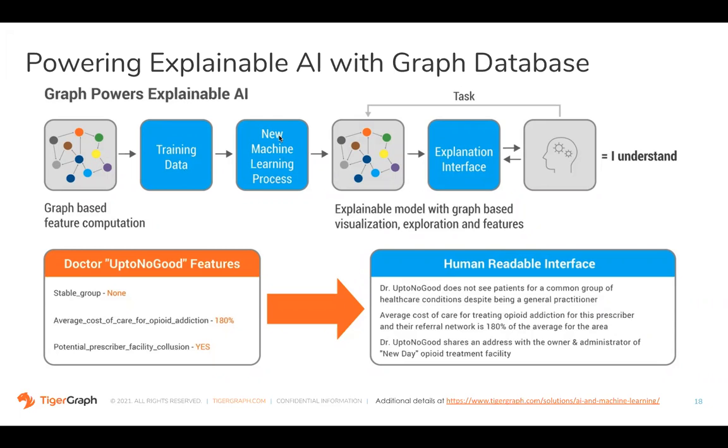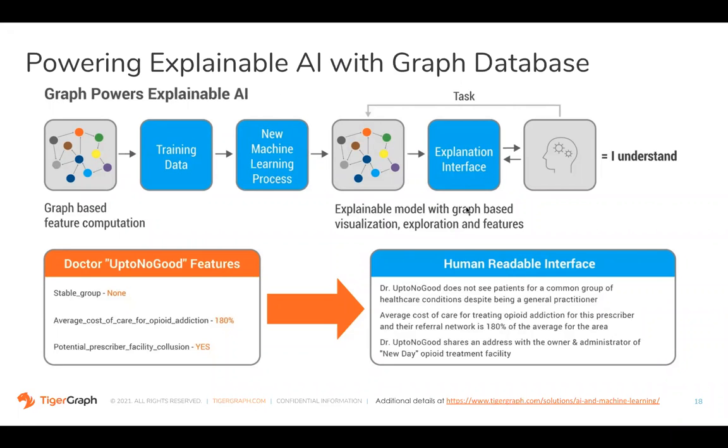What the model says is, if you provide me with a new feature vector, I will apply these weights to the different features, and based on summing those weighted values, I will give you a score, and that score will tell you is this fraudulent or not in this case. So you use the graph for the original data gathering, the feature extraction, and you use it for applying the model. The graph is not just for preparation, but the graph becomes operational. You use it in the live system.